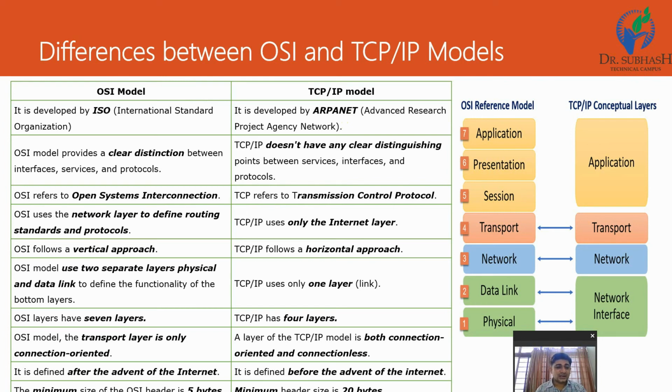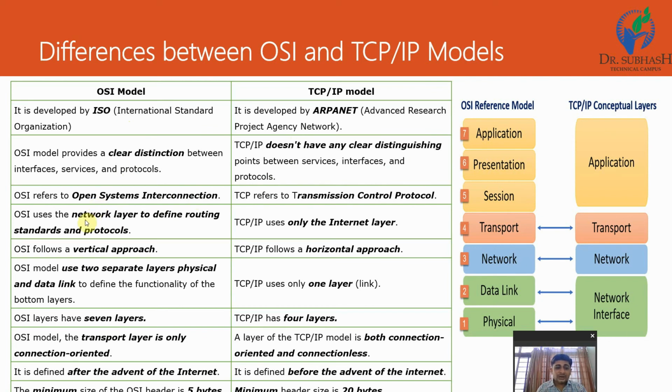That is history. Another one, the OSI layer clearly distinguishes between interface, service, and protocol. In TCP/IP, we cannot make a clear distinction between the layers, right? OSI refers to open system interconnection, and TCP refers to transmission control protocol.